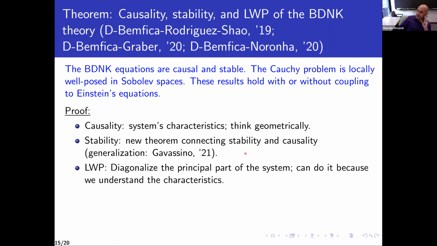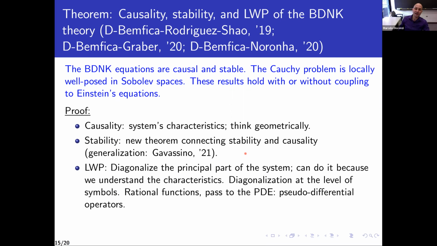For local well-posedness, what we do, we diagonalize the principal part of the system. And we can do this because you already understood the characteristics. So once you understood the characteristics, you can go ahead and diagonalize the system. But there's a catch. The diagonalization is at the level of symbols, right? So to actually go back to the PDE, we have the symbols which involve things like eigenvalues and so on. So there are some rational expressions.